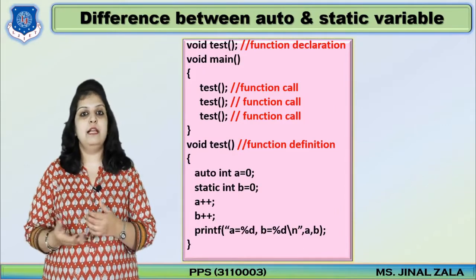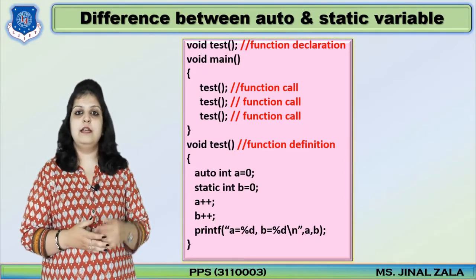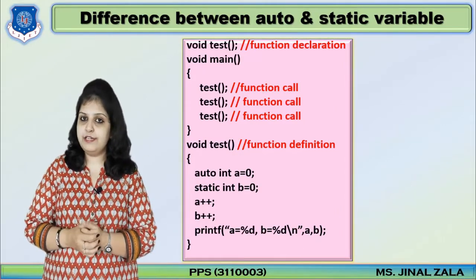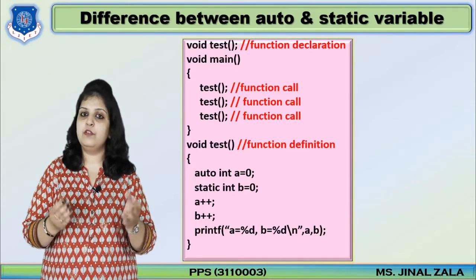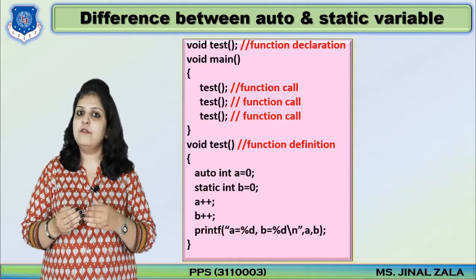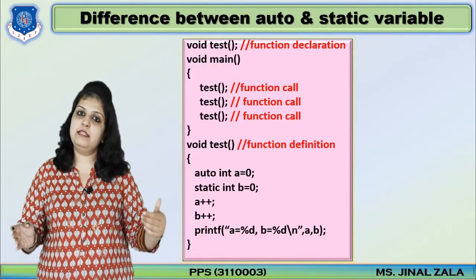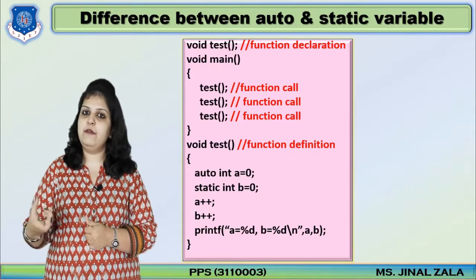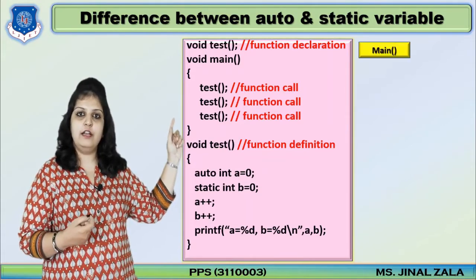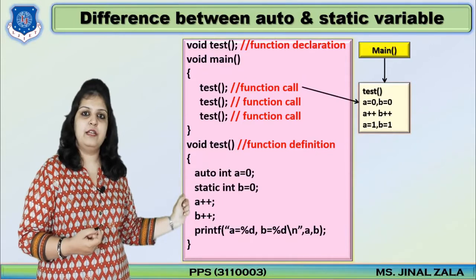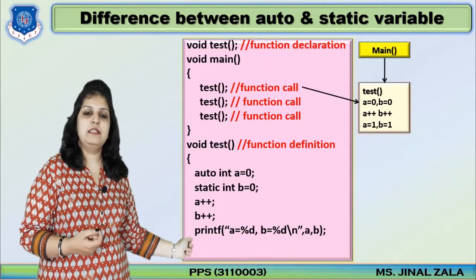So how will we get the output? In the previous slide we have already seen that in an automatic variable every time the updated value will be destroyed, whereas in a static variable the updated value will be stored. So when the function is called the first time, it will go to the function definition and a plus plus and b plus plus.